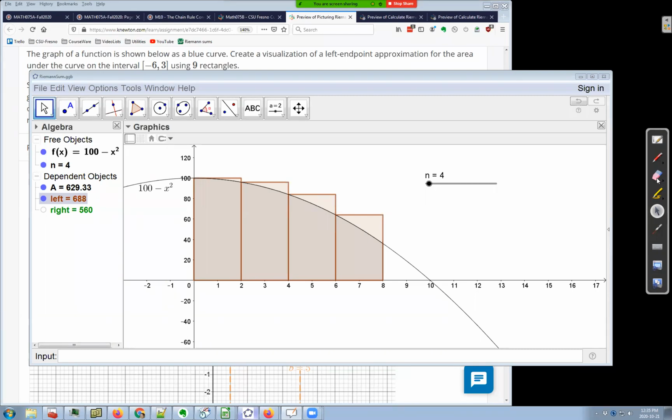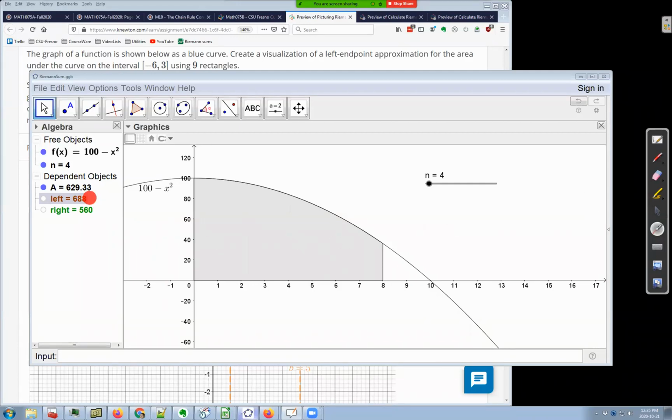What we discovered thanks to Riemann sums is that the actual area under the curve is bigger than 560, but it's less than 688, because the left Riemann sum was too big and the right Riemann sum was too small.